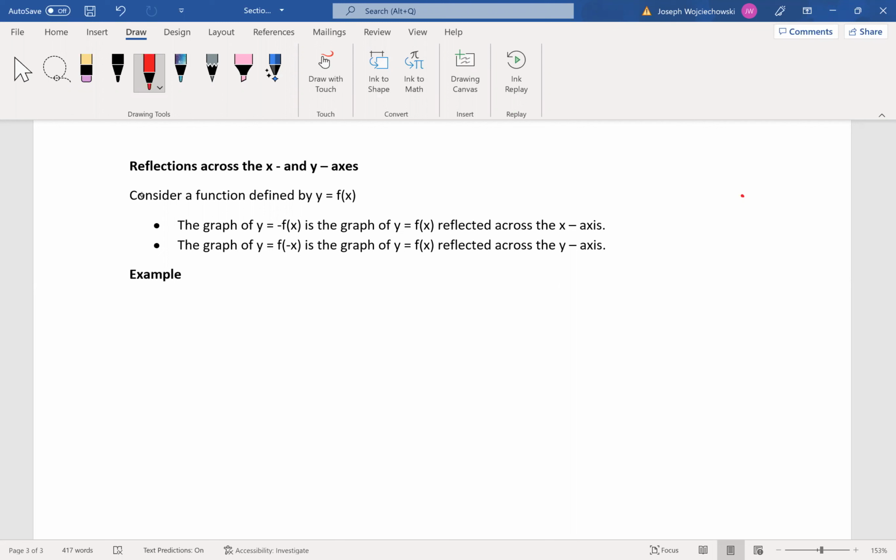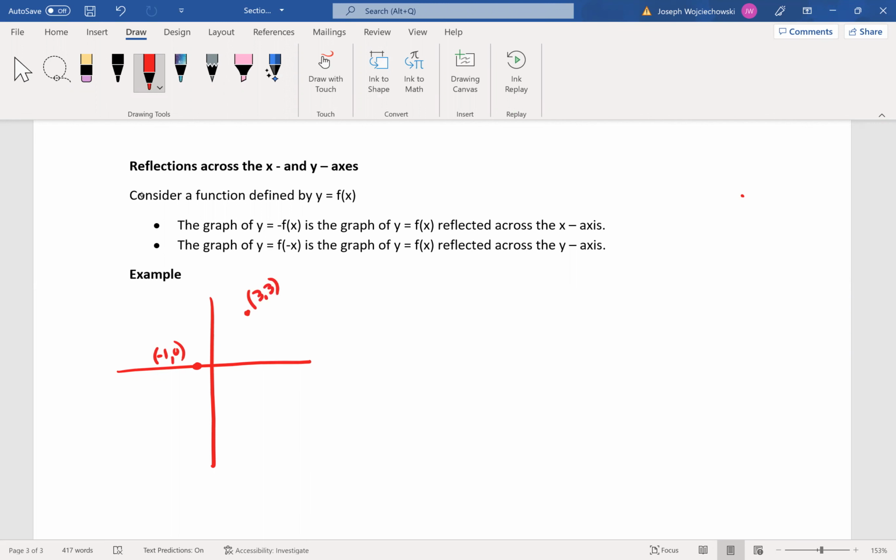Again, we're just going to go with a graph. Now I have a point here at -1, 0. And I have a point up here at 3, 3.